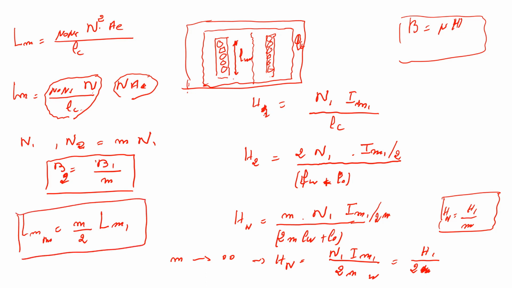This factor 1 over 2 might change depending on how you calculate the relationship between LW and L0. Here I am not very accurate in my calculation, and you might find another factor, but when m tends to infinity, that factor will not affect the relationship.